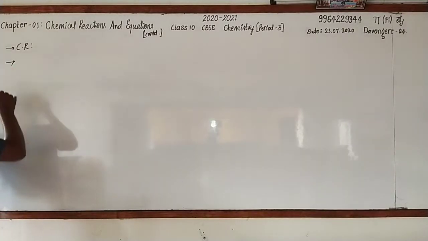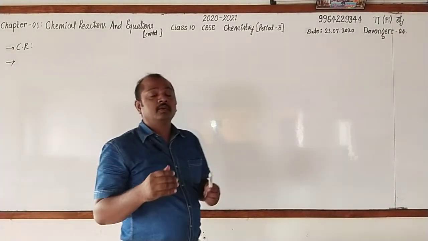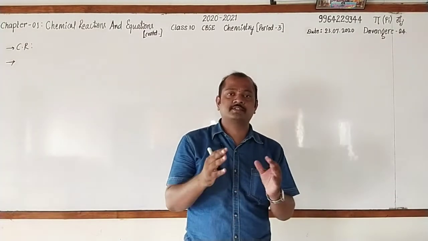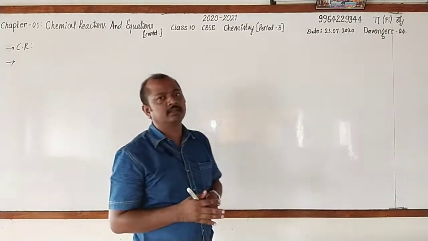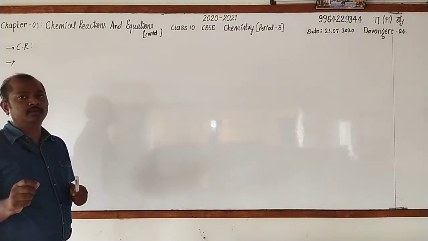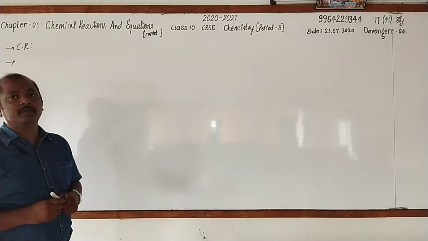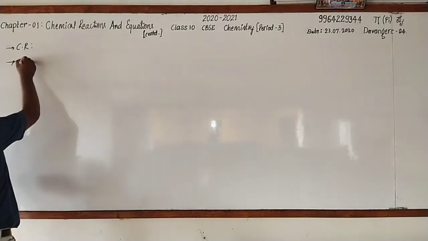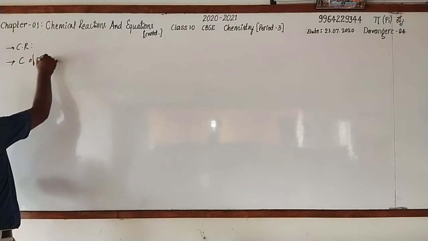And next, we learned how to identify whether a chemical reaction has taken place. How do you go for that? Yes, there are some observations to be made to decide whether a chemical reaction has taken place or not, and these are called characteristics of chemical reaction.